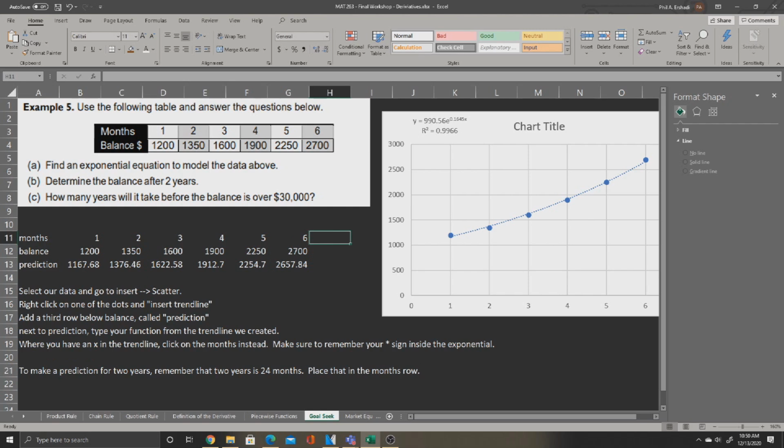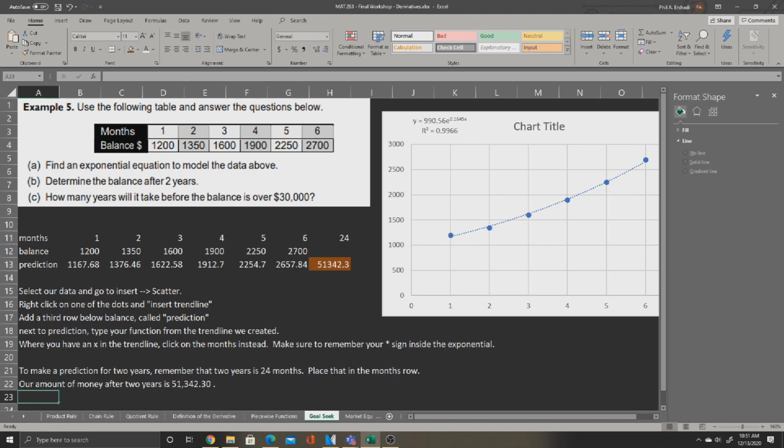So in this position, we'll say 24, and then we can just make a new prediction. There you go. We'll paint that. And so we can say that our amount of money after 2 years is $51,342.30.